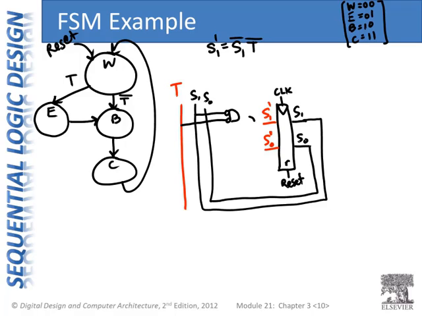And that's going to be ORed with an XOR gate output, the XOR of S1 and S0. So S1 XOR S0.